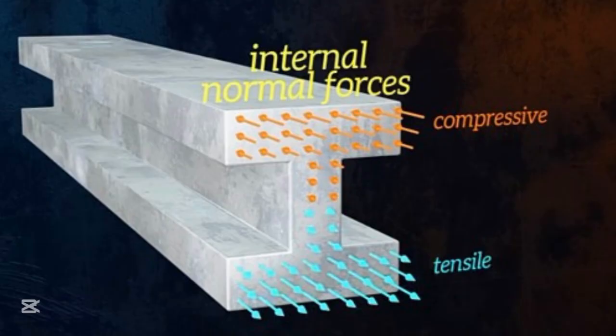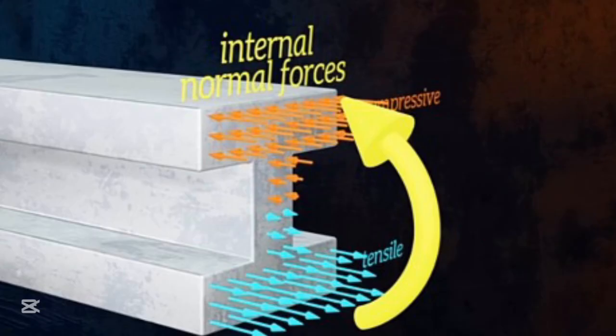So the down part of the beam will experience a tensile force, while the upside of the beam will experience a compressive force. Now, the combination of these two forces tends to cause a rotation. So there won't be any net force, but then it will tend to rotate. So that's the measure of the ability of the beam to cause that rotation.